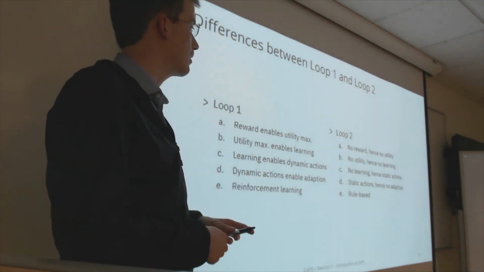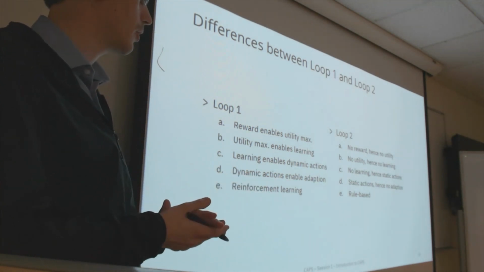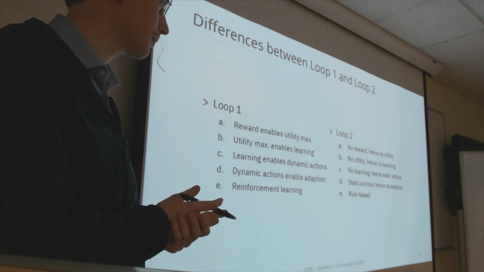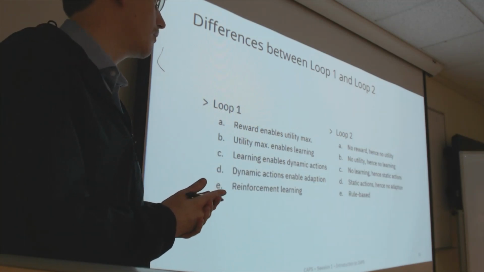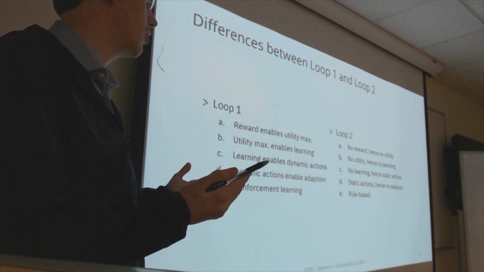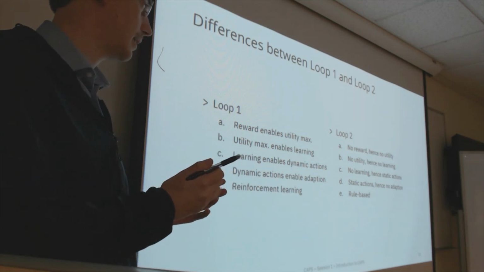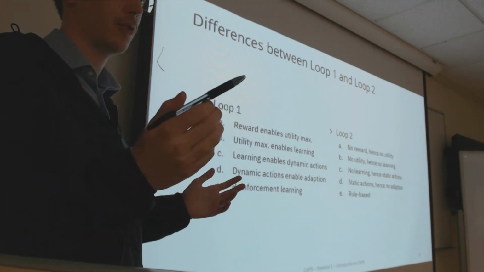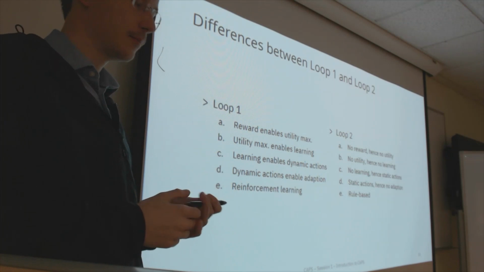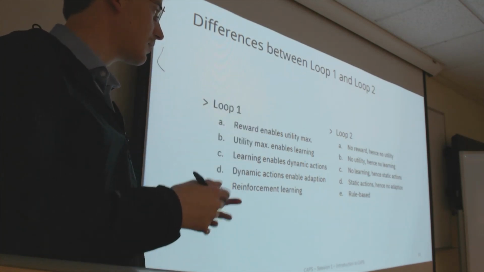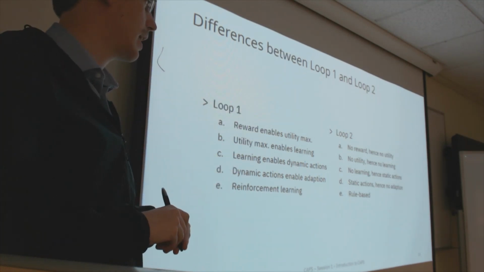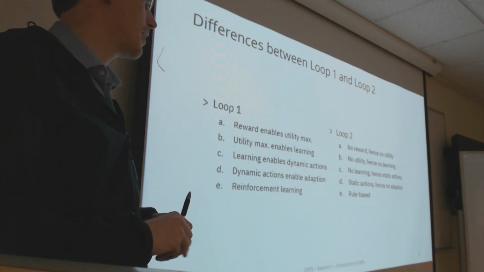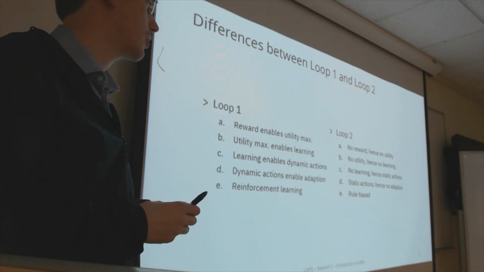And then for the second loop, again, we don't have any reward. We don't have any utility. It's just very, very simple. There's no learning. The actions are static. It's not going to change across environments. So no matter what kind of game, or what kind of map of StarCraft we're looking at, nothing changes.